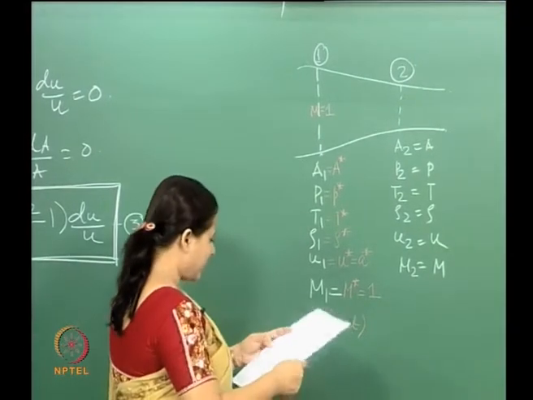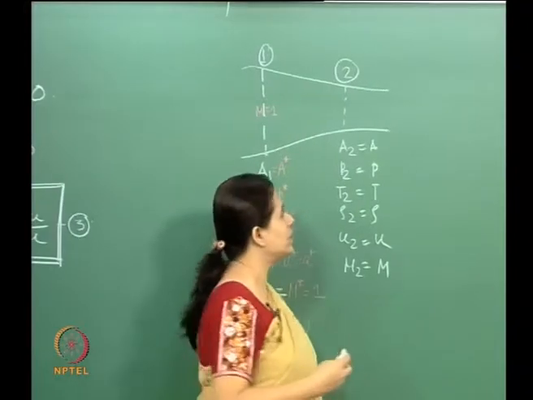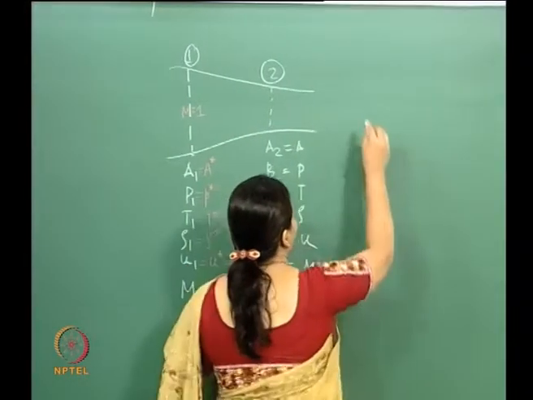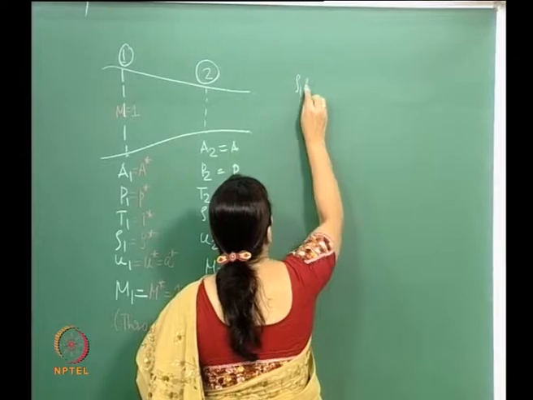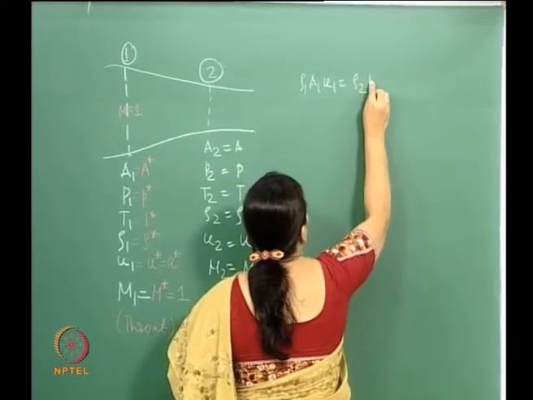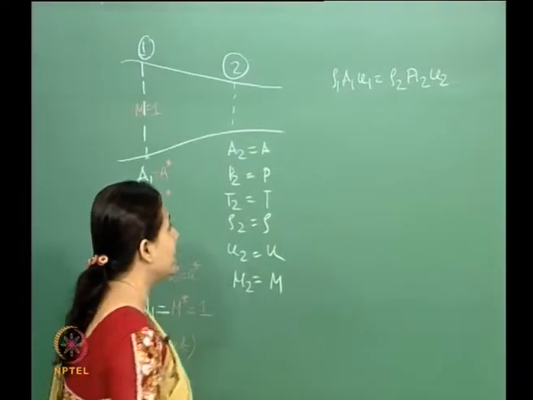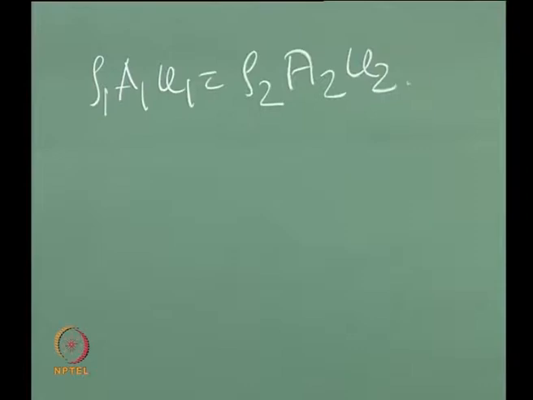Again, we are going to play around with our equations and the variables. So again what we have is rho 1 A1 U1 is rho 2 A2 U2. Now we say that 1 is the throat, isn't it?